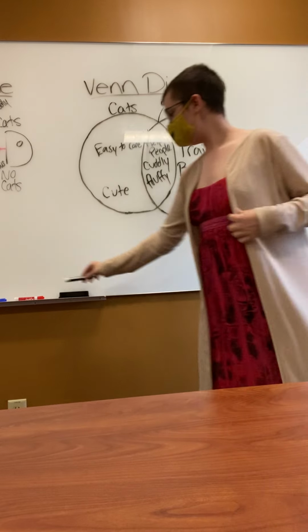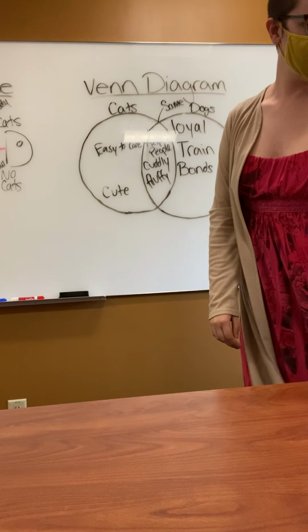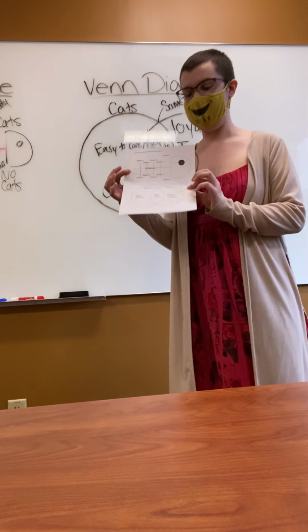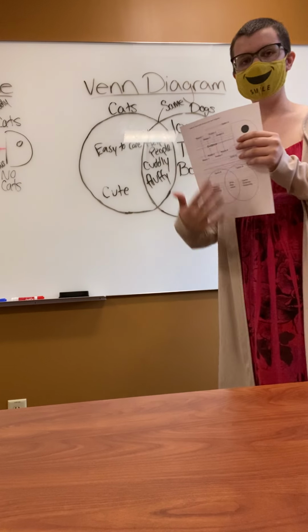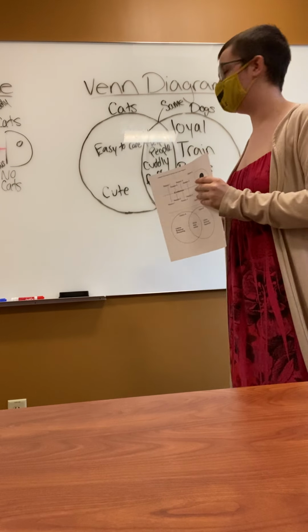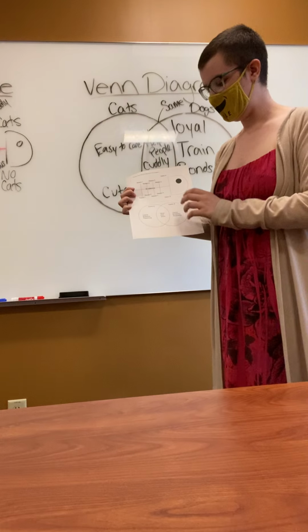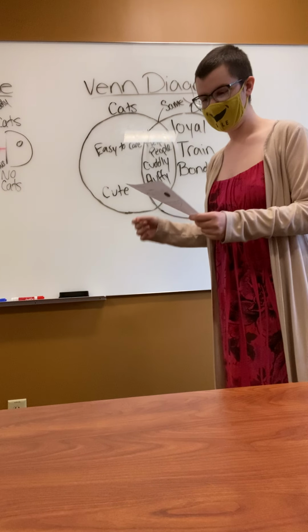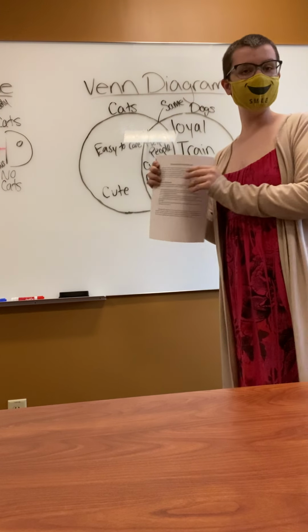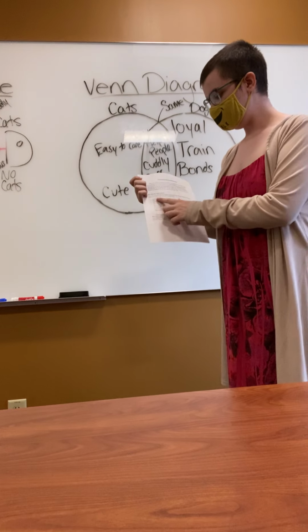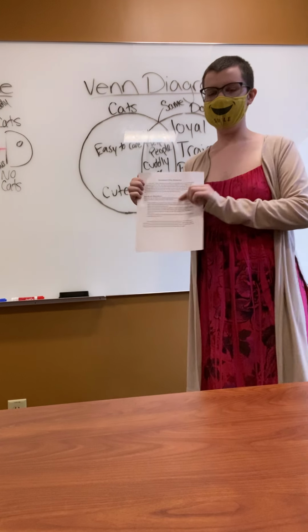So what you're going to do now is on your piece of paper, on the one side it has your how-to sheet, how to do all of this, the exact same thing like I just did up on the board, but blank so that you can fill it in with your own. And then on the other side, you're going to refer to these questions. It says, what should I write about, in bold?